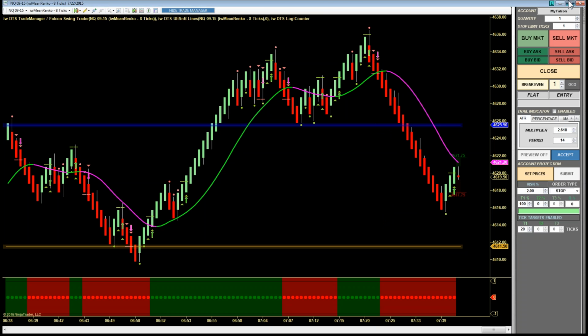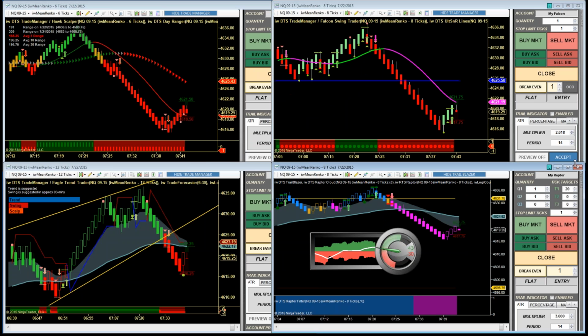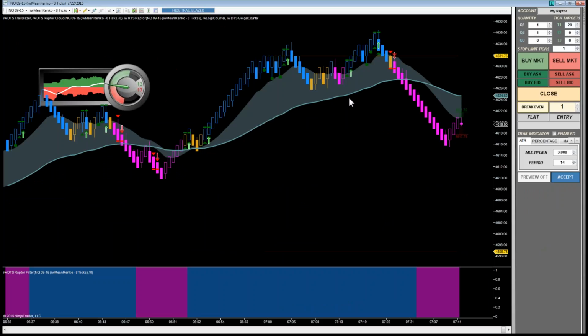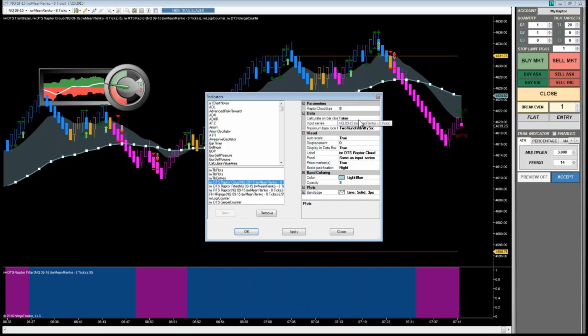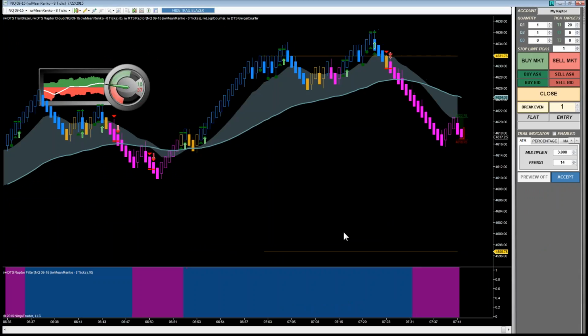My Raptor cloud is different because Ricardo's convinced me to go with the faster setting, because he was having very good results with the 8-tick cloud. So I've adjusted my Raptor cloud from the default 12 ticks to the faster 8 ticks.